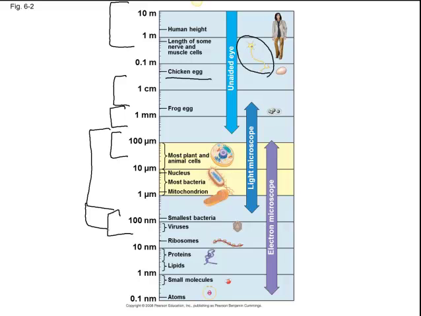Now, I am guessing this gives you an idea of the different ranges of sizes in which cells can exist. And beyond that, what a light microscope can make clear for you to see, and what you need an electron microscope for to see finer details.